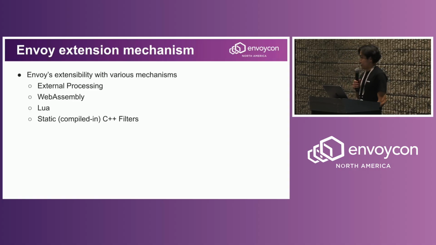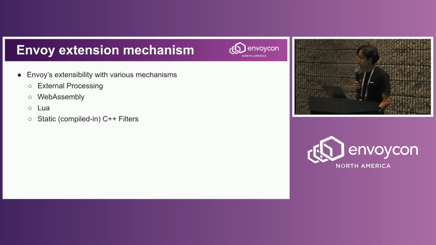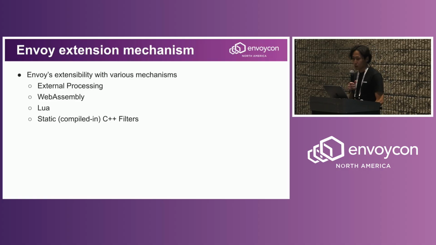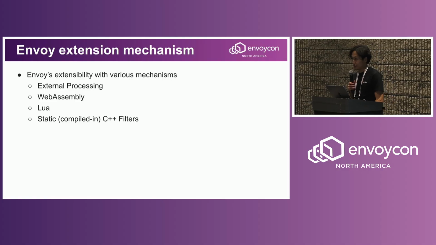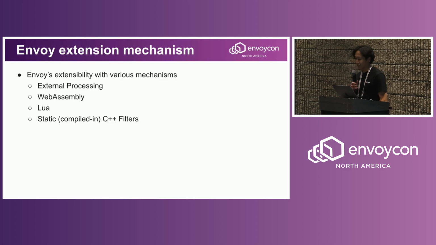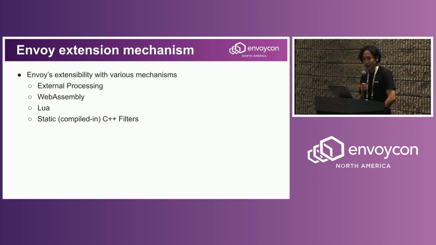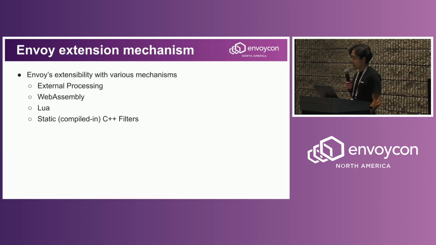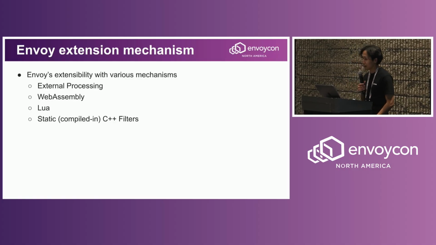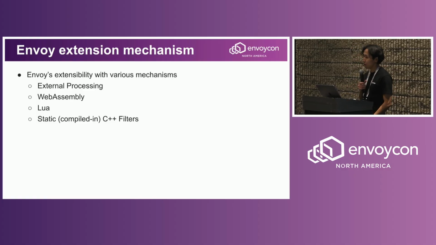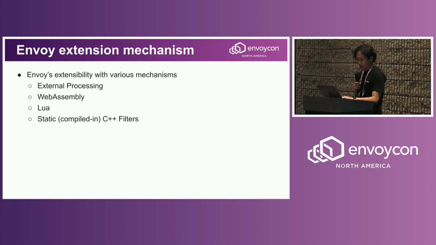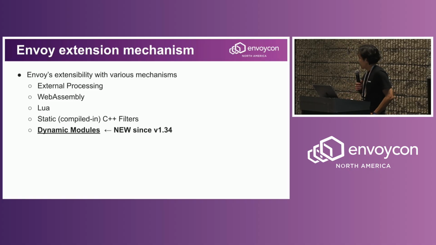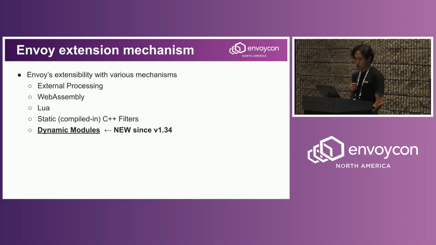And the next one, of course, Lua. Lua is very popular in the network proxy community because it's popular in the Nginx engineers community. Lastly, we have static C++ filters. You can write C++ and compile it together with Envoy, of course, but you have to maintain Envoy by yourself in that case. The good news is that we have dynamic modules, which is new.